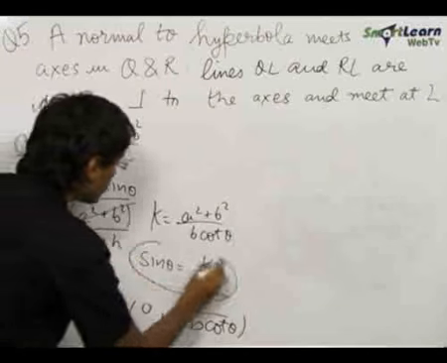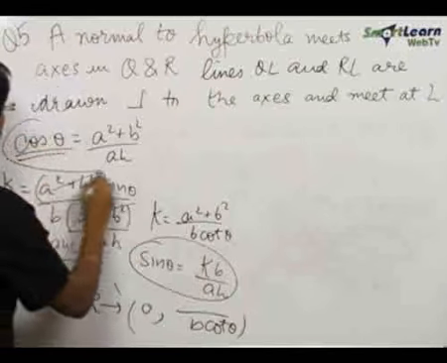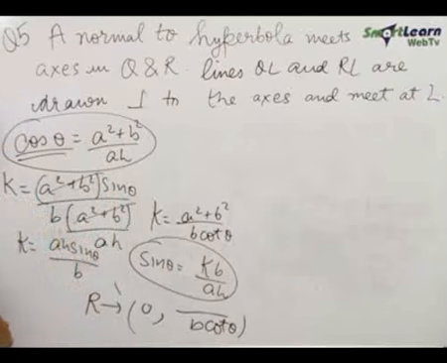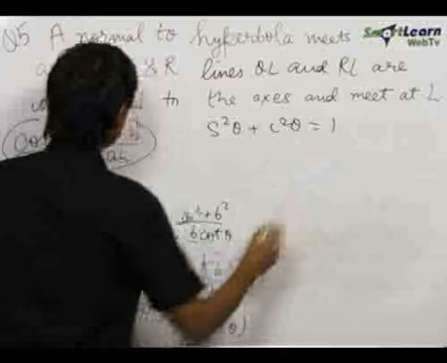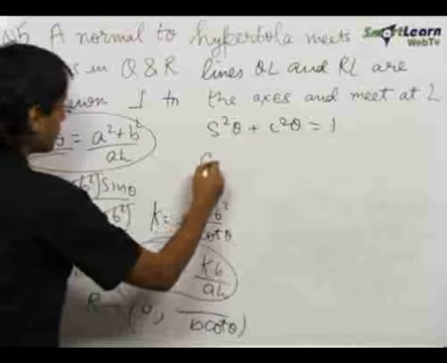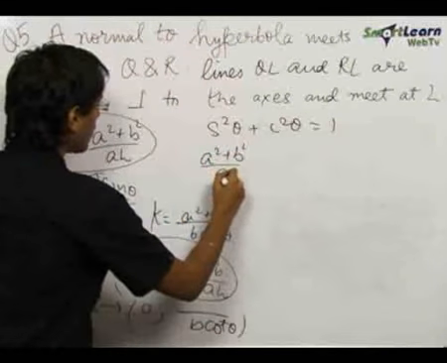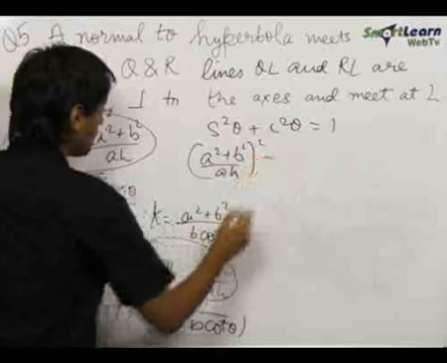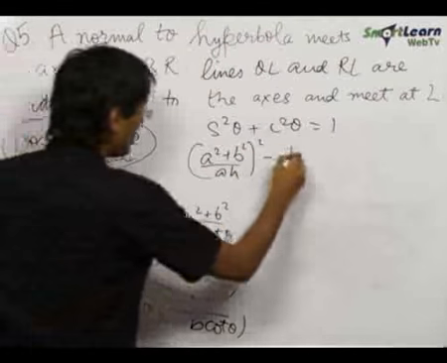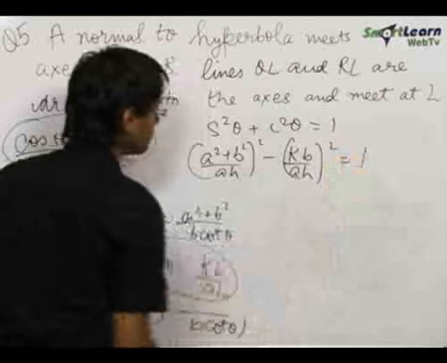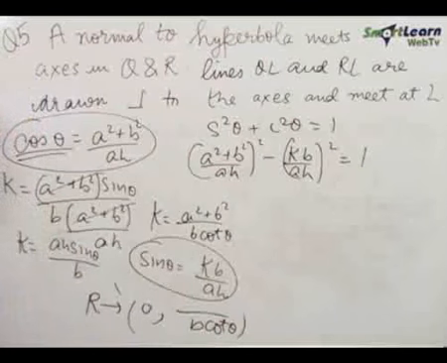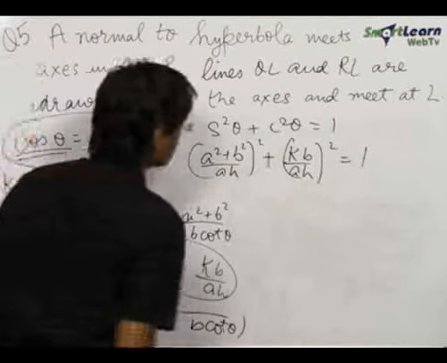We have sin theta is equal to kb by ah and cos theta to be equal to a square plus b square upon ah. We can use sin square theta plus cos square theta is equal to 1. So this becomes a square plus b square upon ah whole square plus kb by ah whole square is equal to 1. Or rather, this is plus.